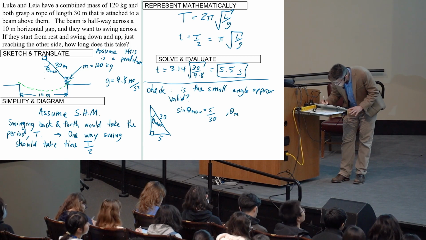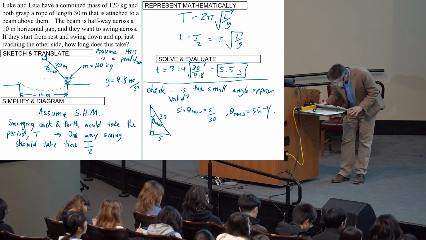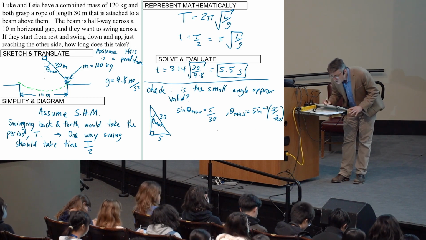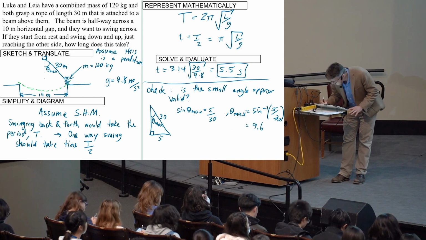So theta max is sine to the minus 1 of 5 over 30. And my fingers crossed that this is less than 10 degrees. I got 9.6. Ooh, that's close.